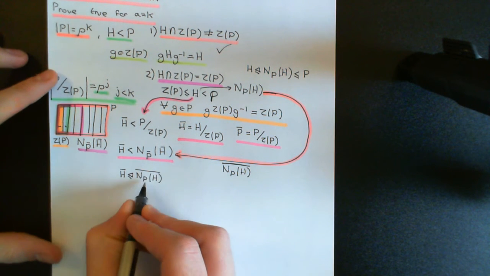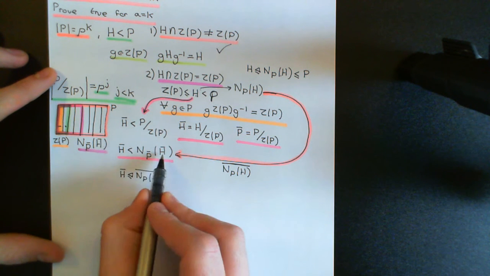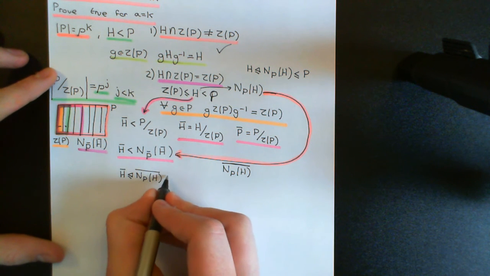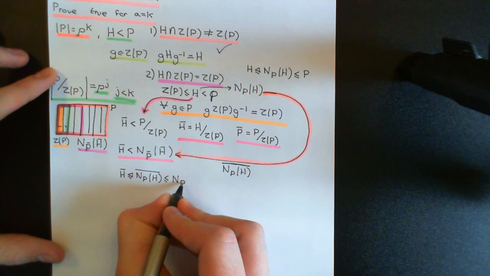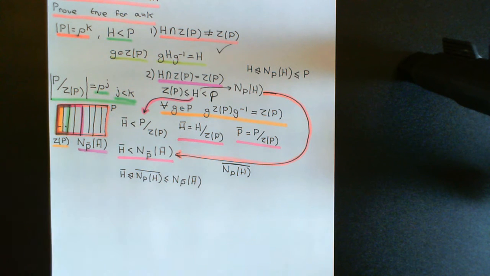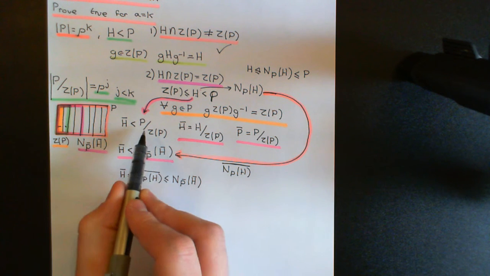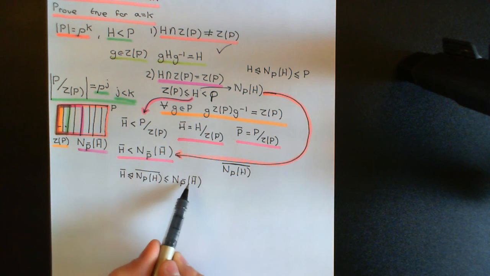So what that tells us is that this would have to be contained in the normalizer of H bar in P bar, because remember, the normalizer of H bar in P bar is the largest subgroup of the quotient group P bar in which H bar is normal.